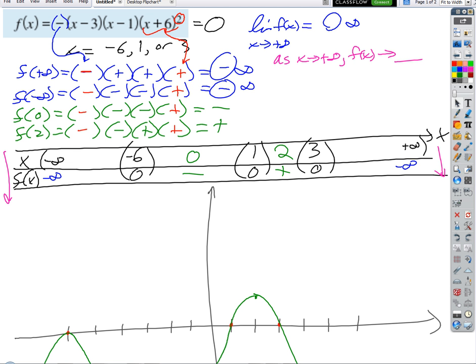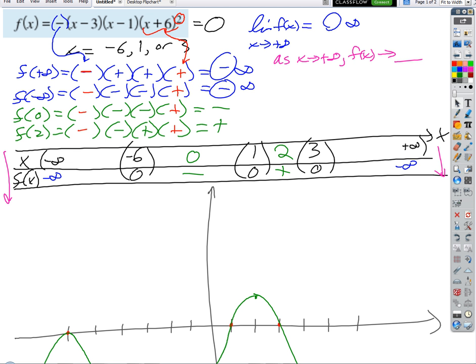Probably, right? If I were to expand out this polynomial, what's going to be the degree of the polynomial if we were to write it in standard form? It's going to be x to the what power? Not -4. +4.